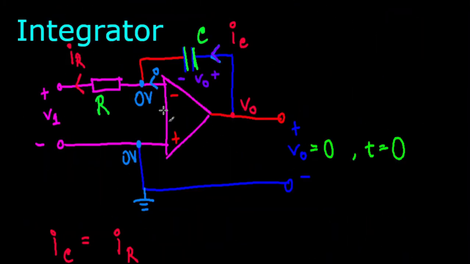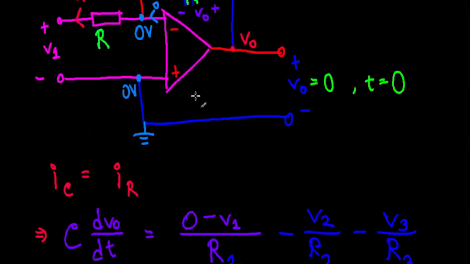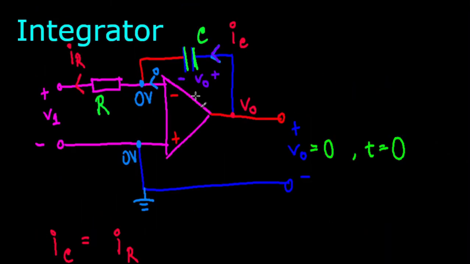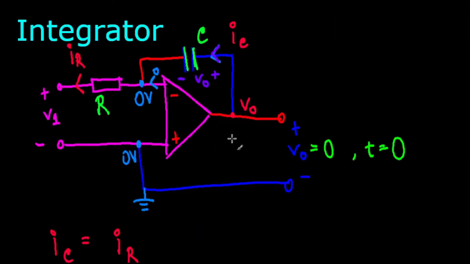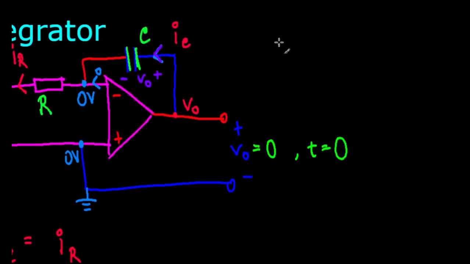Just one last thing, the same kind of discussion as I had about the differentiator. Is this circuit practical or not? Fortunately, this has way fewer flaws than the differentiator. Since we're taking an integral, if you have your regular signal with some noise here, and then you continue, this noise doesn't really affect the integral that much.